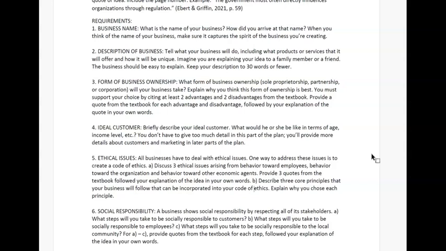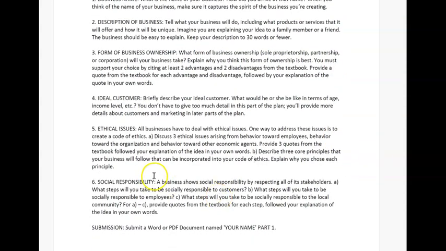And then questions 5 and 6 have to do with chapter 2. So chapter 2 talks about ethics and social responsibility. So these are ones that you're definitely going to have to tie into the chapter. You're going to think about 3 ethical issues arising from either behavior towards employees, behavior towards the organization, or behavior towards other economic agents.